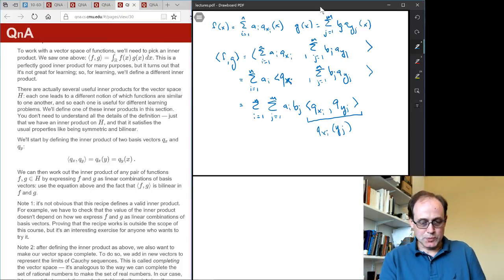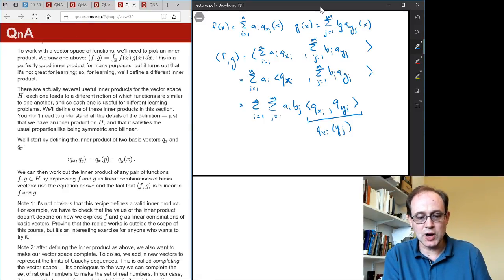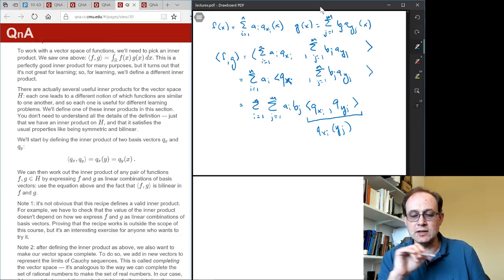So what did I just prove? I just proved that once we've defined the inner product between basis vectors, we can work out the inner product between any arbitrary other vectors, right? So here's a definition of a function f, which is in our vector space, and a definition of a function g, which is in our vector space, and we can work out the inner product between f and g by knowing the inner product between any pair of basis vectors.